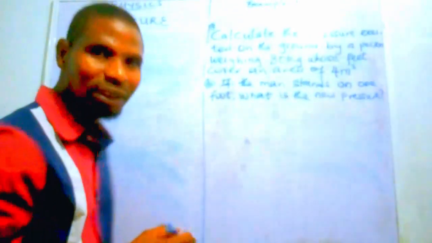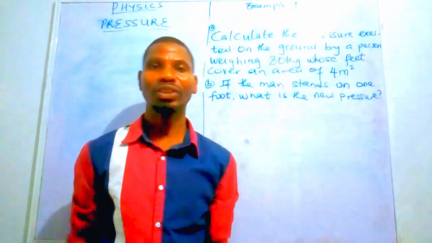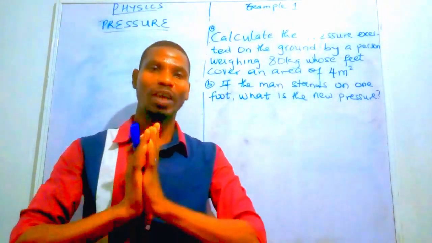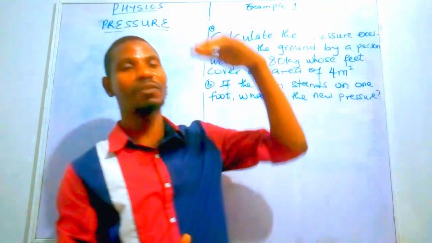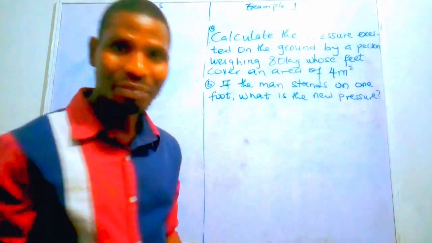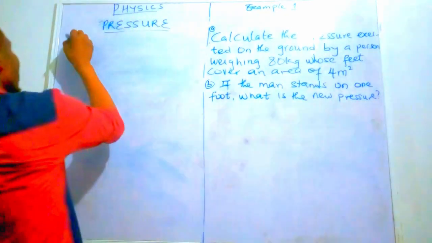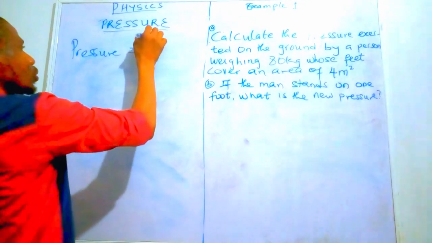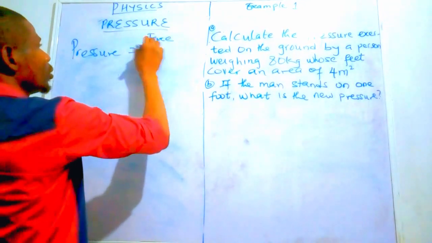Now, what is pressure? Pressure is force per unit area of a given surface. That is force over area of any given surface. Mathematically speaking, pressure is equal to force over area.